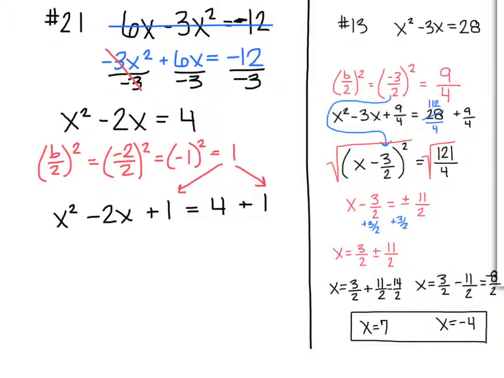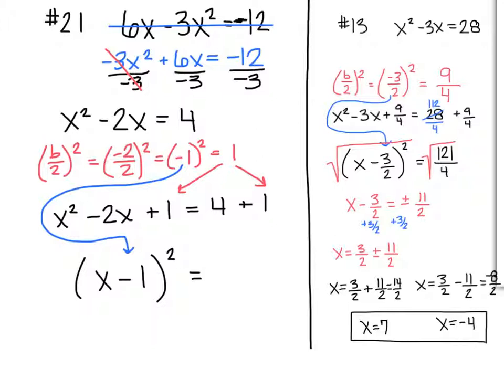What's next? The x squared factors using negative 2 over 2, which when we reduced that, it was negative 1. So that's what we use to go right there. So we say x minus 1, squared.